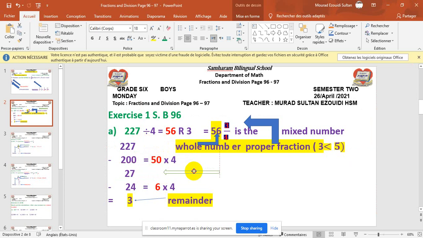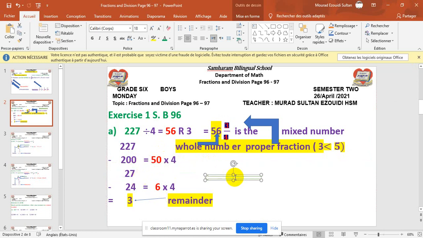First of all, we will try to find the multiple of 4 which is near to 227. For example, 200 is a multiple of 4 and it's near to 227. So 50 multiplied by 4 is 200. Then 227 minus 200 gives 27.